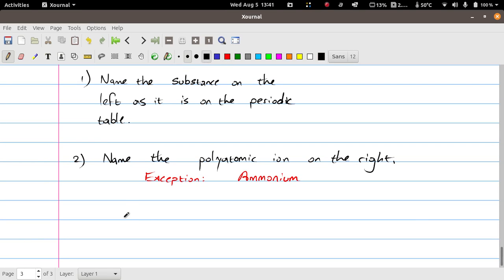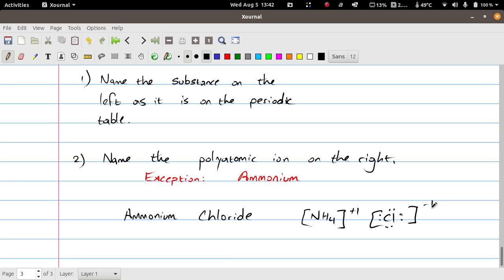If you had ammonium chloride, I'm not going to draw the Lewis dot structure, but that would be the example of ammonium chloride. Not too complicated, but that's the only time that I've seen where it'll be on the left.